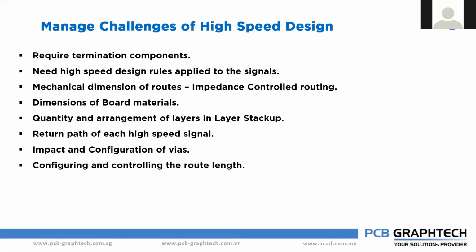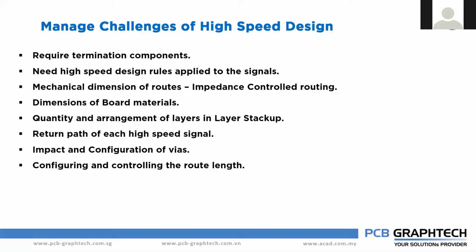Next, we can also set the impedance profile, and based on that, we can reduce the impedance mismatch along the tracks. Then we can also use different board materials. In the layer stack manager, we have the material library, so based on your impedance value, you can select the material for the layers.